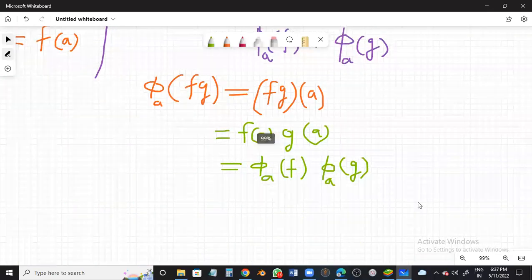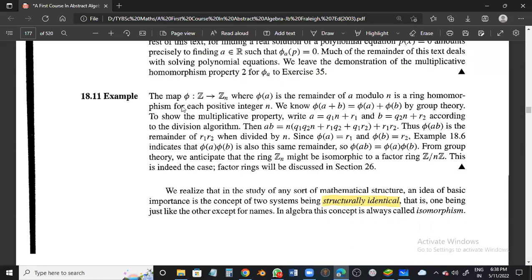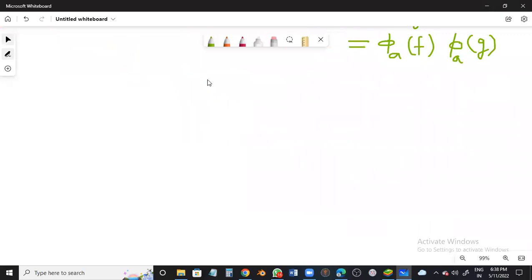Now I move ahead. So this was the evaluation homomorphism, one of the best examples. The second example we have already seen is that of phi from Z to Zn. We dealt with the rings Z and Zn.